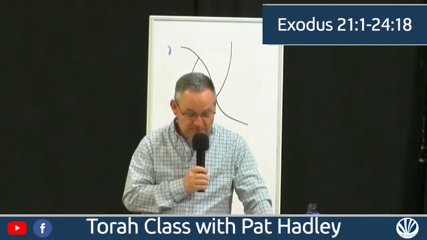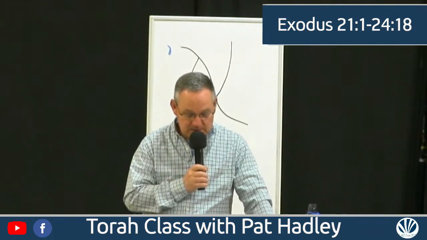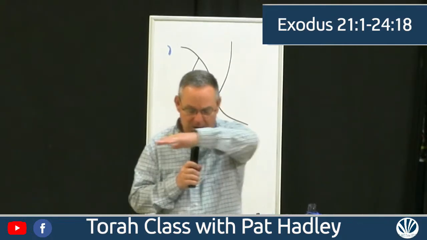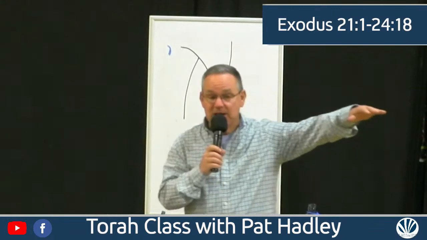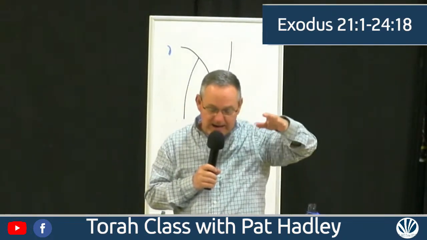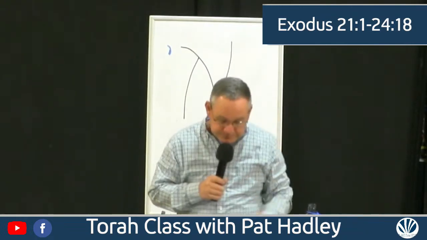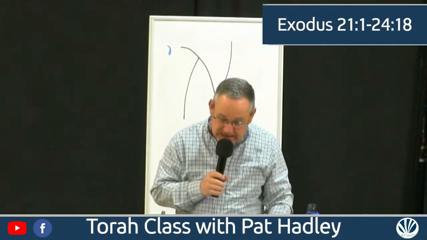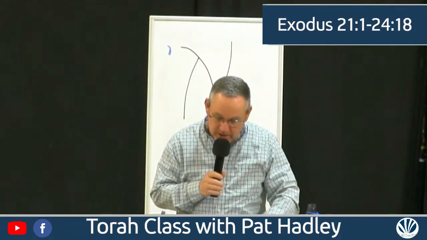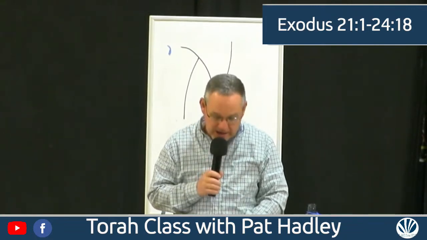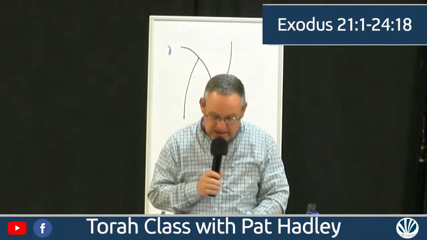And under his feet was something like a pavement of sapphire stone, as clear as the sky itself. He, meaning God, did not reach out his hand against these notables of Israel. On the contrary, they saw God even as they were eating and drinking.